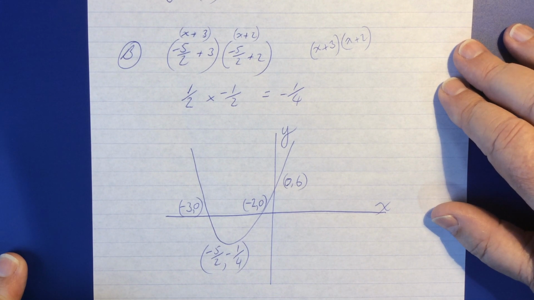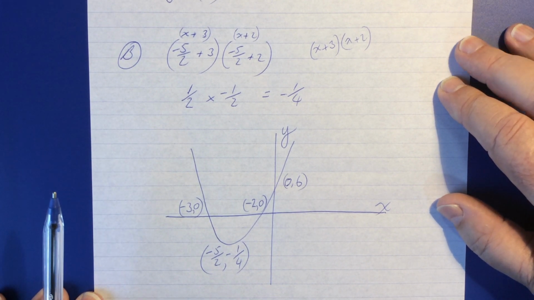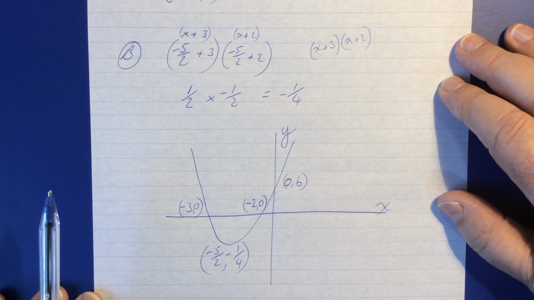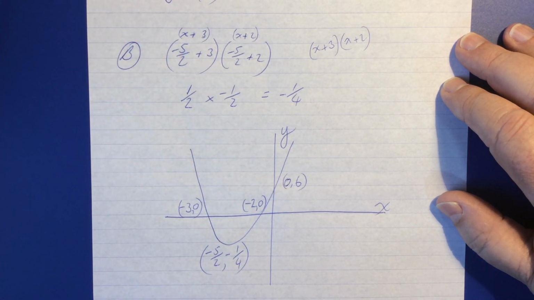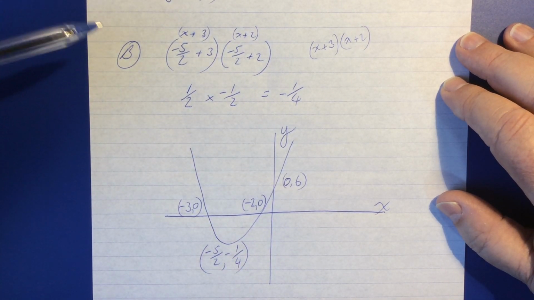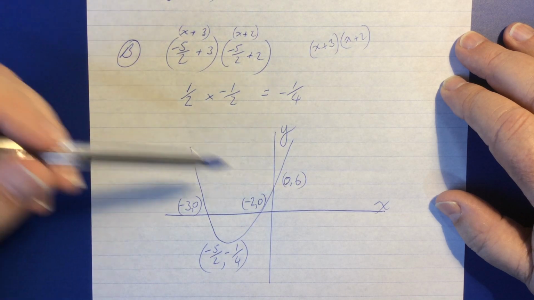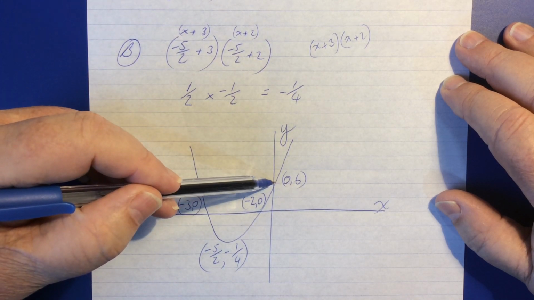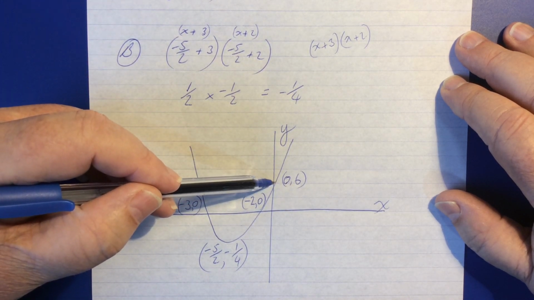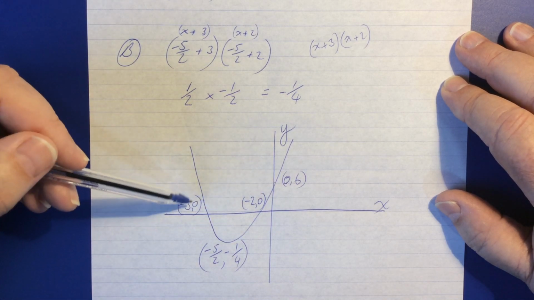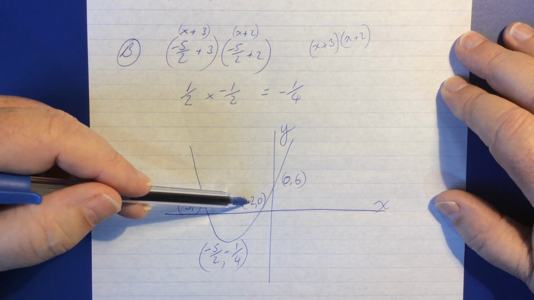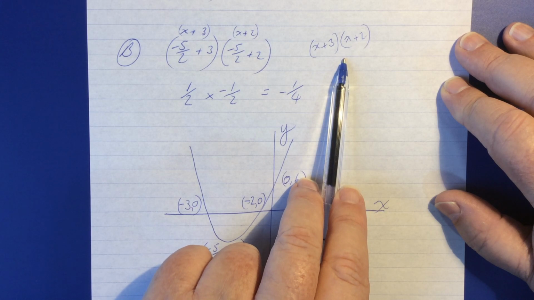And this is our quadratic that started out as x² plus 5x plus 6, fully and completely graphed. We have the y-intercept, which we got by just looking at the equation. We have the x-intercepts, which we got from factorizing the equation.